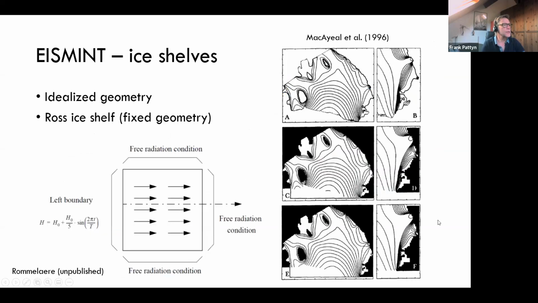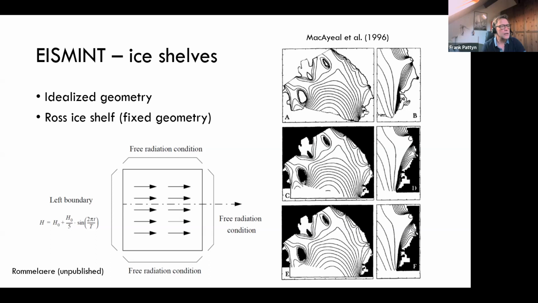There was another experiment in that ISMINT, and that is on ice shelves. There were only 4 models in there. It was led by Doug MacAyeal. And it was applied to a geometry of the Ross Ice Shelf. And as this figure shows here to the right, it was quite well represented. I mean, this is just the dynamic response. So it's only the velocity field for a fixed geometry, and everyone working with the same geometry. But you see that the velocity field in all those models was pretty similar, except maybe at the borders, well represented.